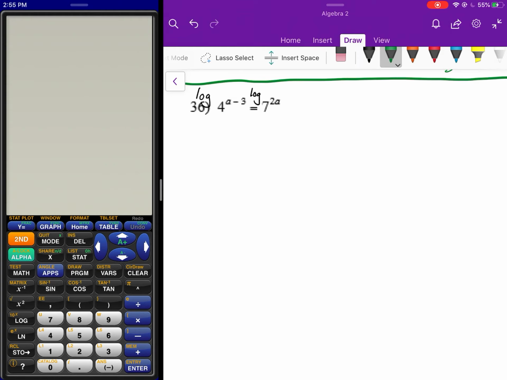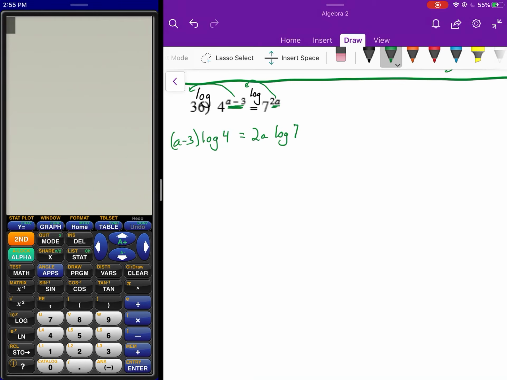When we do that, we can use our power property or power rule where these exponents come out front. So we will write this as the a minus 3 comes out front. So a minus 3, put it in parentheses because you will have to distribute. A minus 3 times the log of 4 equals 2a times the log of 7.